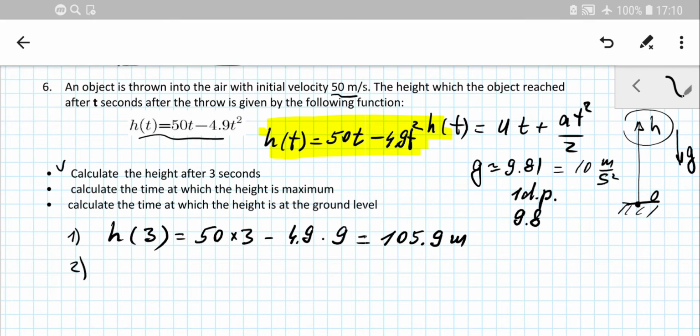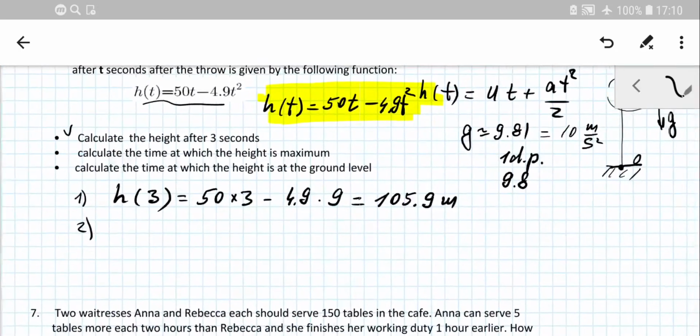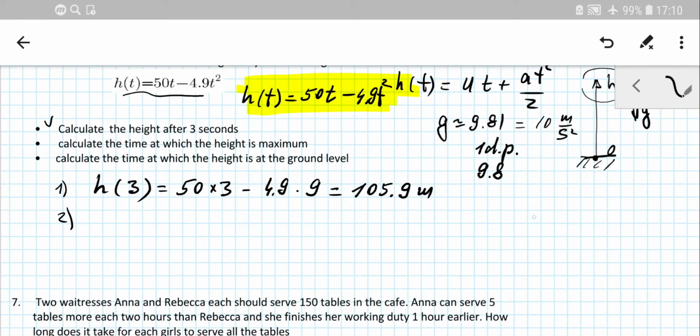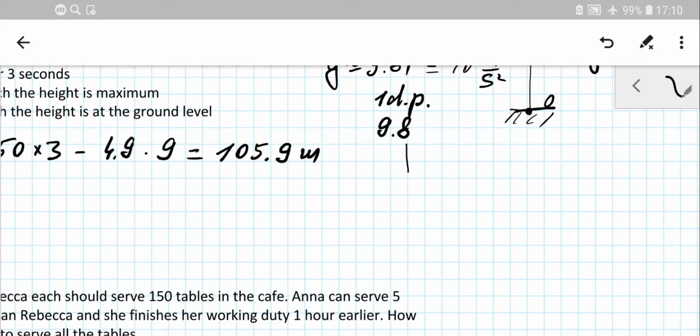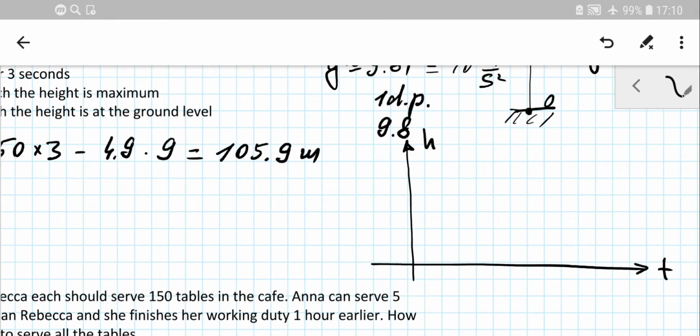All right, so we've done the first one. About the second one: calculate the time at which the height is the maximum. Okay, so what do you know about a maximum? This is a quadratic function if you consider height from time. So I set up the axes: in this case it's the h-axis and the time axis.